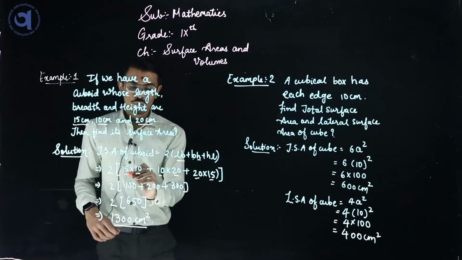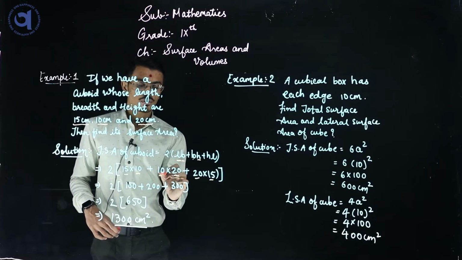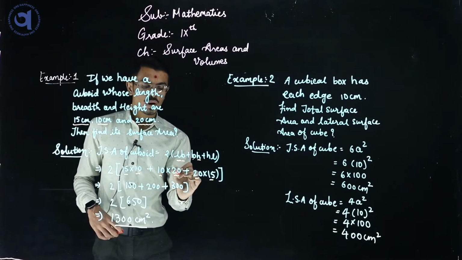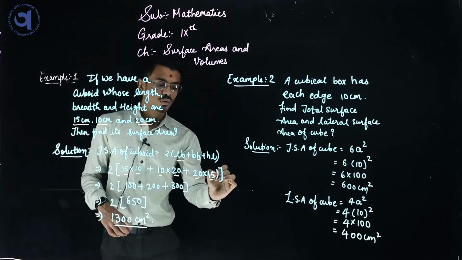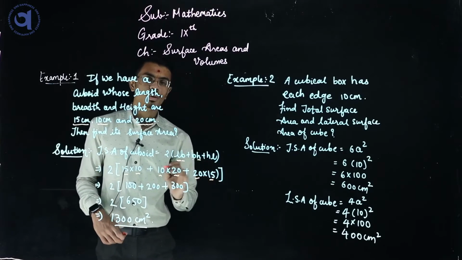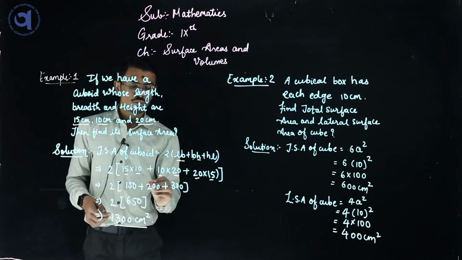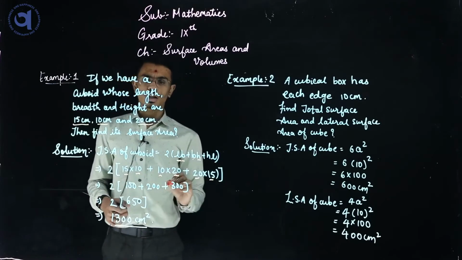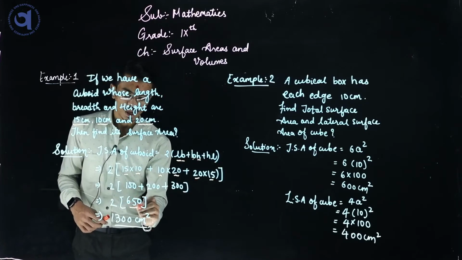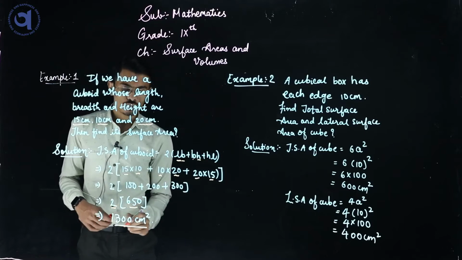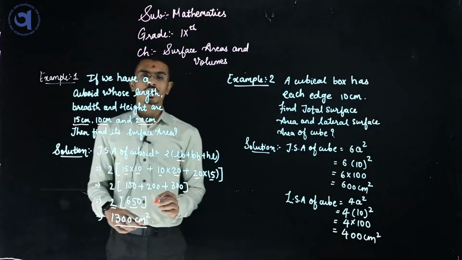What is this? 15 into 10 will become 150, right? Then plus 10 into 20, it will be 200. And lastly 20 into 15, so it will be 300. Now add up all of this: 150 plus 200 plus 300 will be 650. Multiplying 650 with 2, it will be 1300 centimeter square.